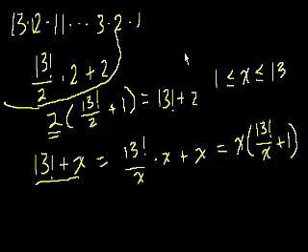It's all of those numbers multiplied together. So we know that as long as x is less than or equal to 13, this right here is an integer. If this is an integer, then an integer plus 1 is also an integer. So 13 factorial plus x can be rewritten as x times some integer. I'll call it I, right?